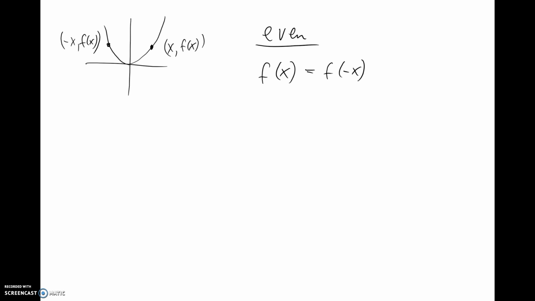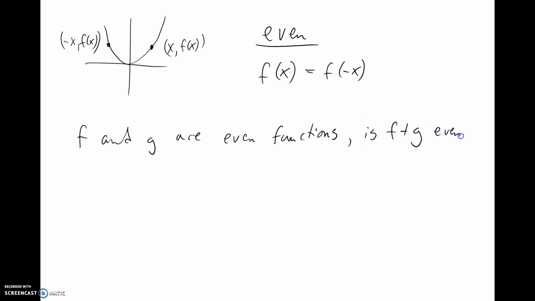So going back to the problems from the book, we're taking a look at two functions where f and g are even functions. Pardon my handwriting, the question is: is f plus g even?